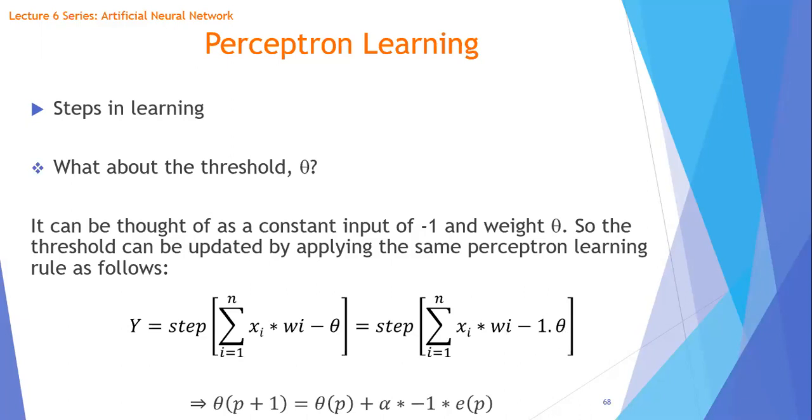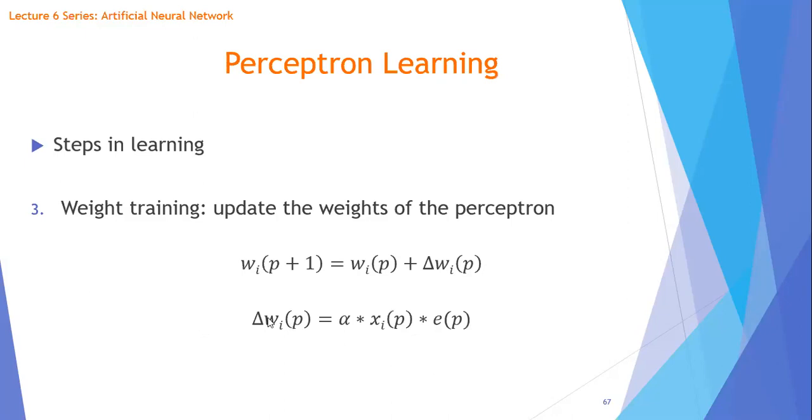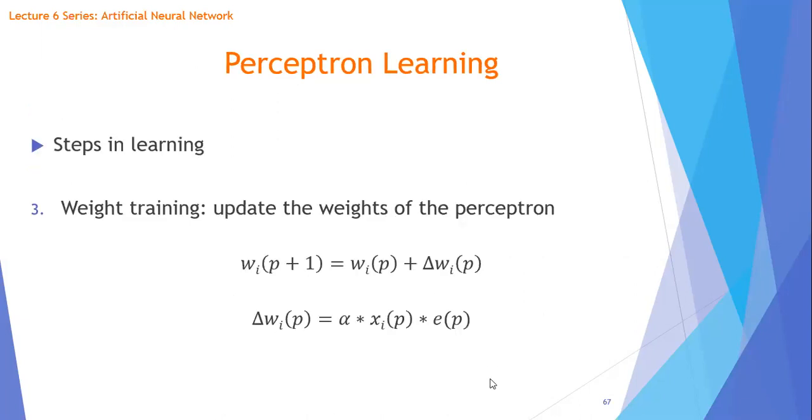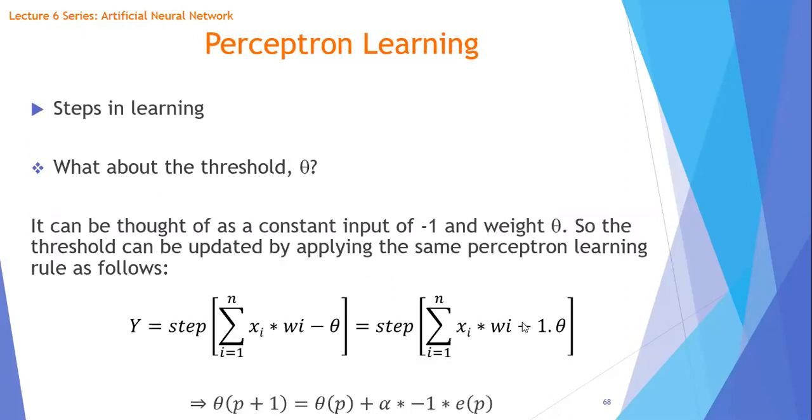So if you compare this, the change we had for the weight is alpha x e. So the change now for a threshold is going to be this term here, the correction. So it's a previous value of theta, and now it's a correction: alpha, your x is always -1, like we said here, and your e is there. If you compare these two, you will obtain the correction for that perceptron.